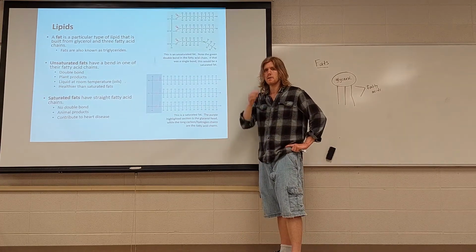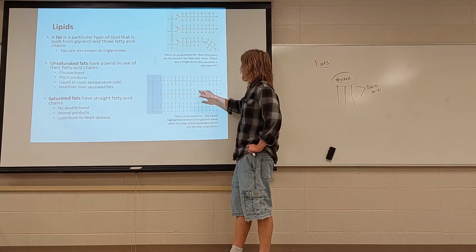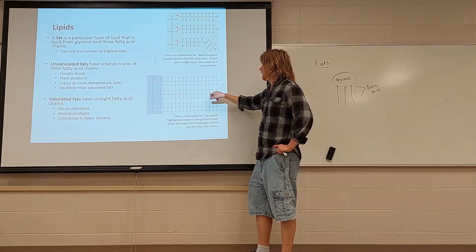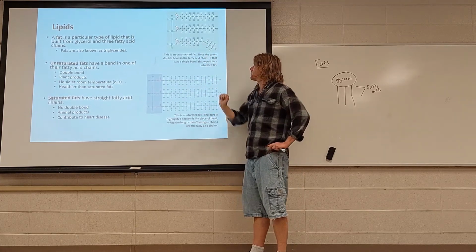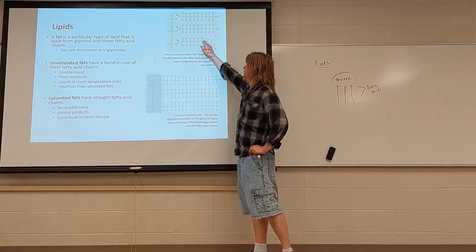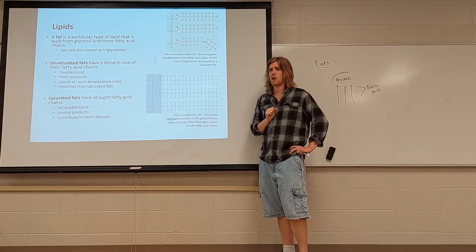That's because the fatty acid chain, which is carbon and hydrogen entirely, has no double bonds between any of the carbons. The double bond causes the little jutting out of the fatty acid chain.